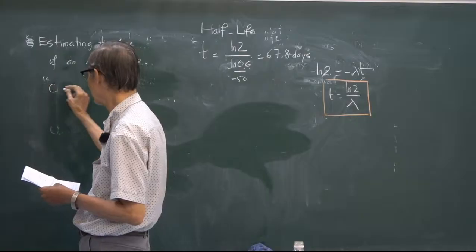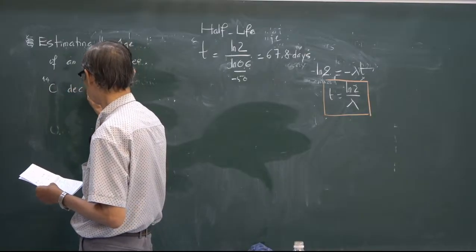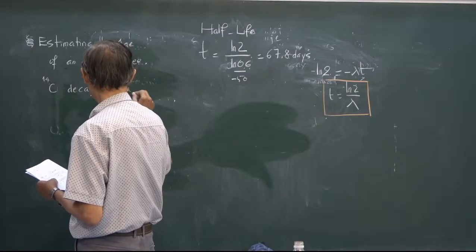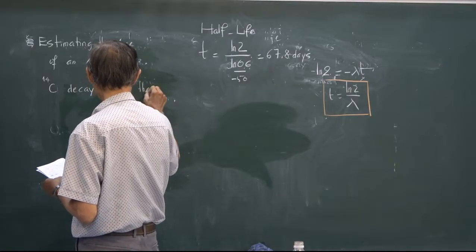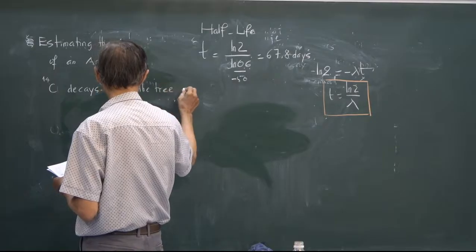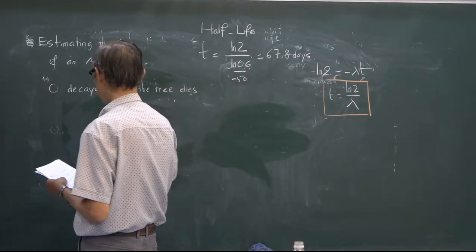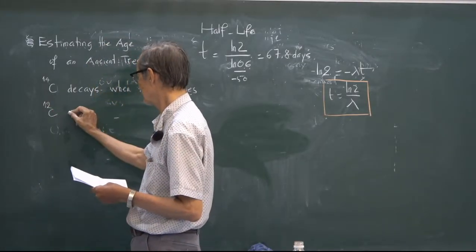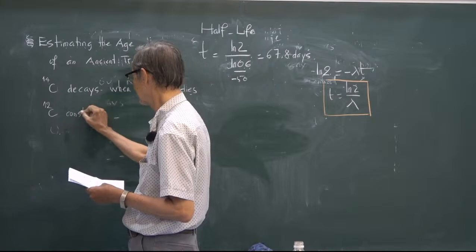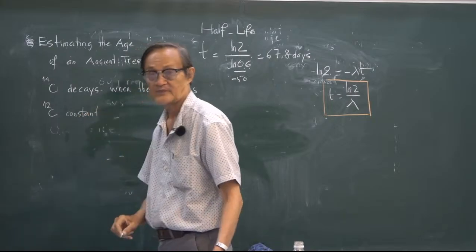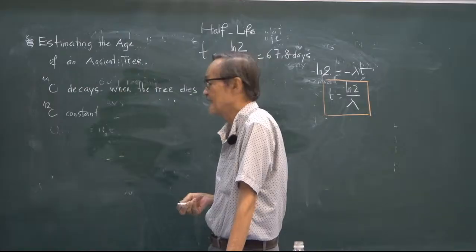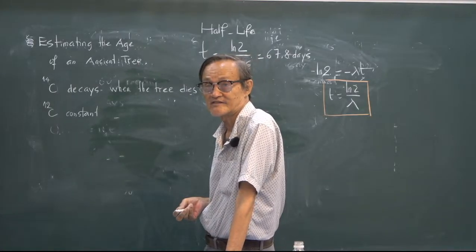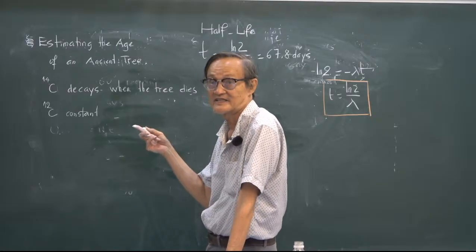Carbon-14 decays when the tree dies, and carbon-12 is constant.